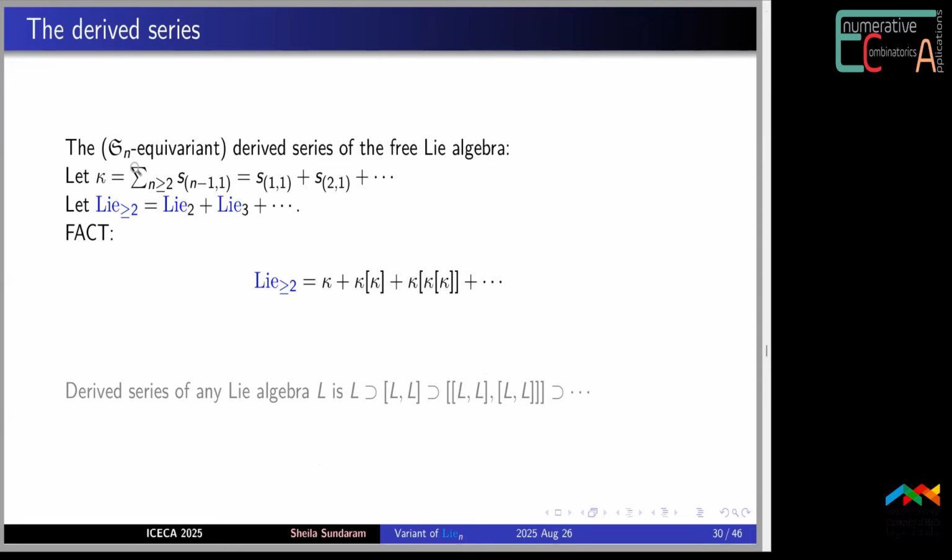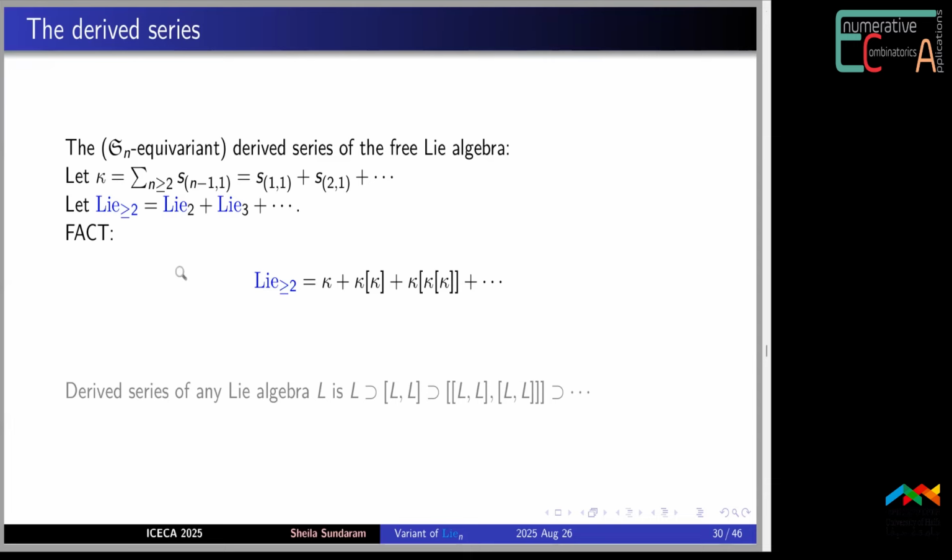So if you write out what the derived series for the free Lie algebra is actually saying, you get something interesting in terms of symmetric functions. I'm going to let kappa be the sum of all the Schur functions corresponding to partitions (n-1, 1), starting at 2. So S11 plus S21 plus S31 and so on. And now I want to look at this series of Lies, but with the first Lie 1, the degree 1 term chopped off.